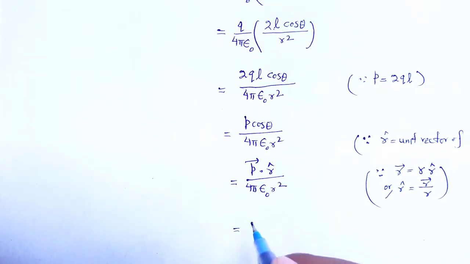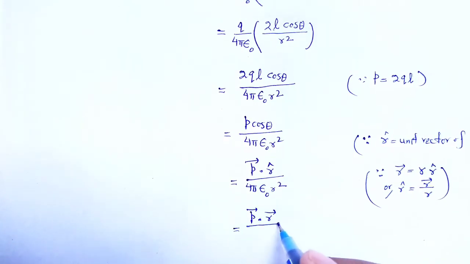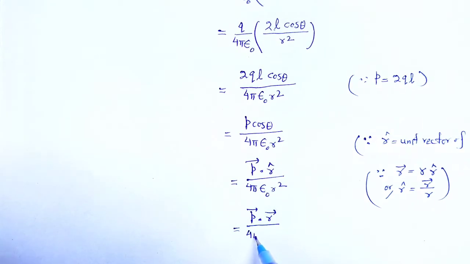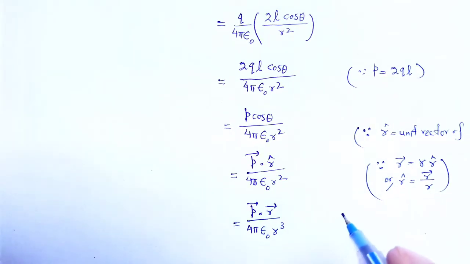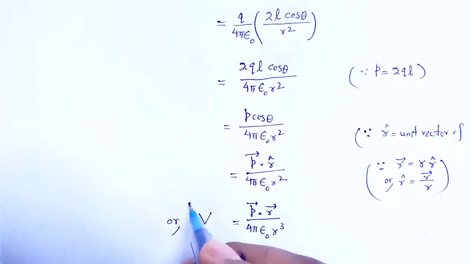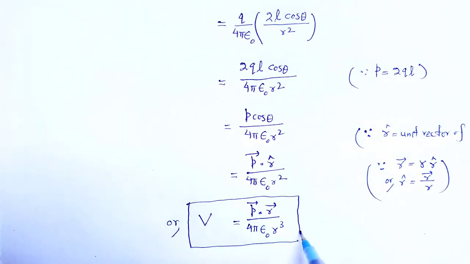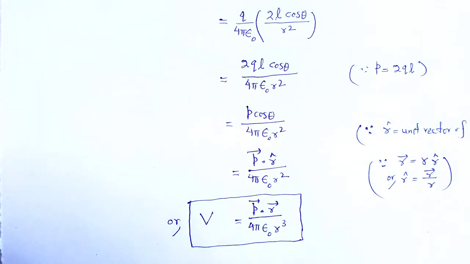So we have P dot r vector divided by r, so that result will be 4 pi epsilon naught r cube. This is the expression for potential: P dot r divided by 4 pi epsilon naught r cube.